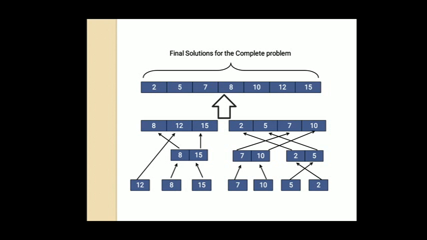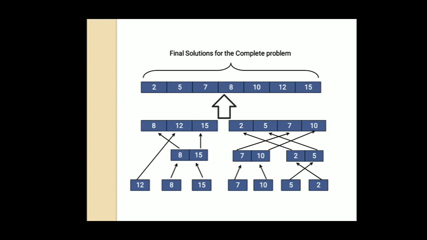So what we have taken is 12, 8, 15, 7, 10, 5, 2, the unsorted array. This is your larger problem, wherein you had 7 elements. You got the solutions for your sub problems, that is individual elements as your solutions. Taking them and combining them gradually into higher levels, we have performed the sorting.